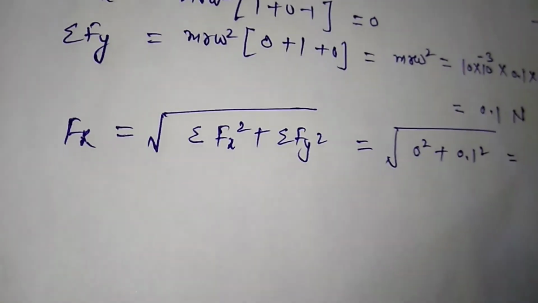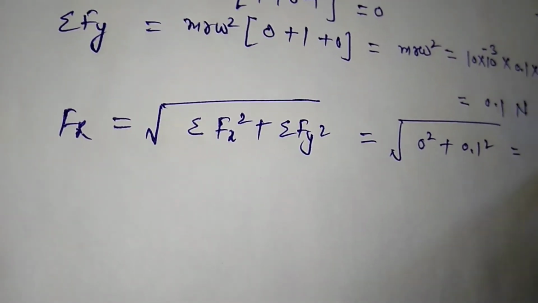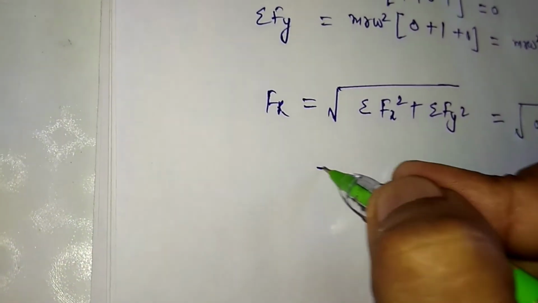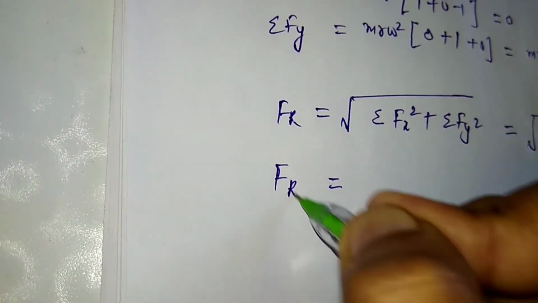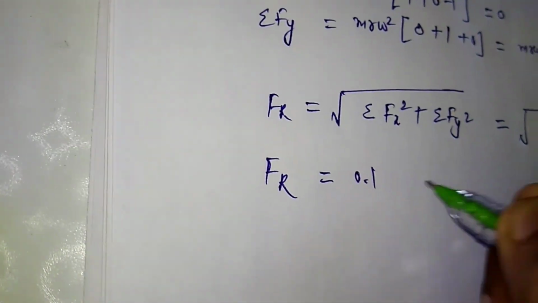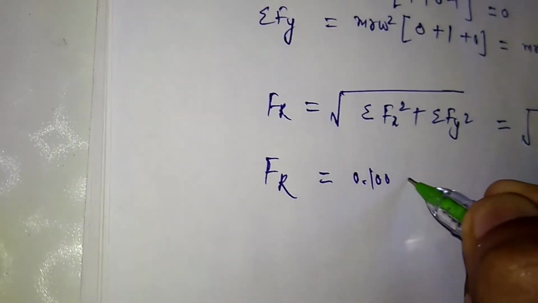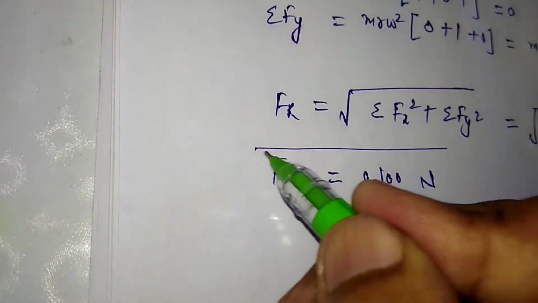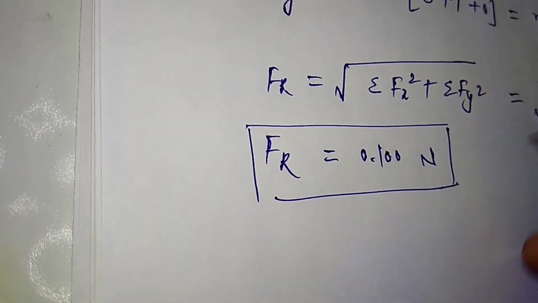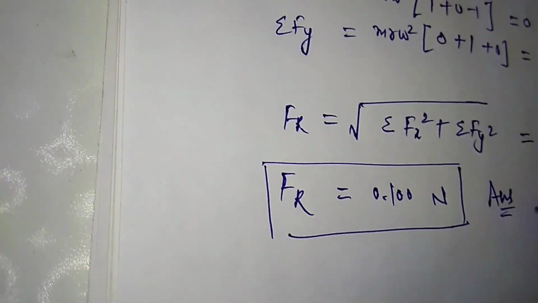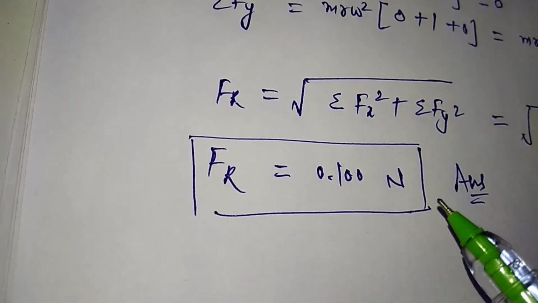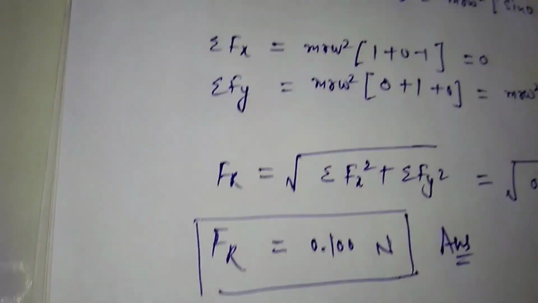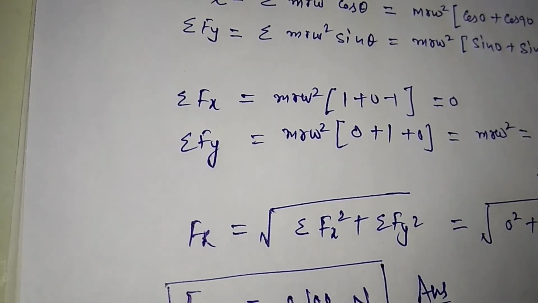So the resultant force Fr will be equal to 0.100 Newton. So this is our answer, and we have calculated the resultant unbalanced force on the disc when one of the masses gets detached.